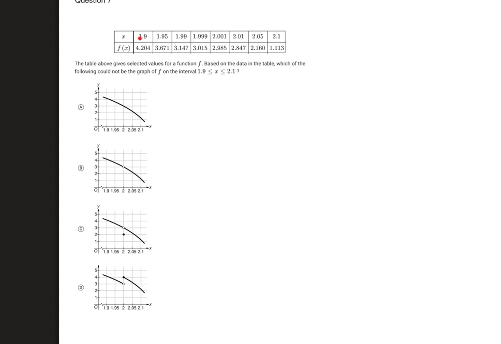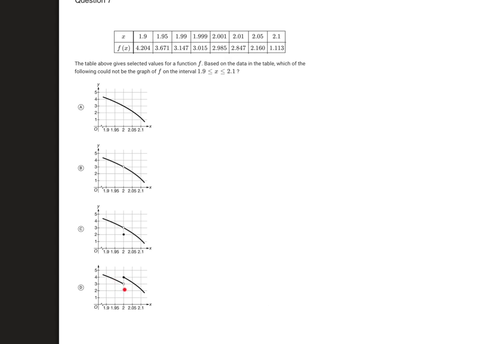It looks like when x is approaching 2 from the left, the function is decreasing and approaching 3. And when x is approaching 2 from the right, it's also approaching 3. I guess they're all decreasing. So really, this suggests that when x approaches 2 from the left or right, the function approaches 3 from both sides.